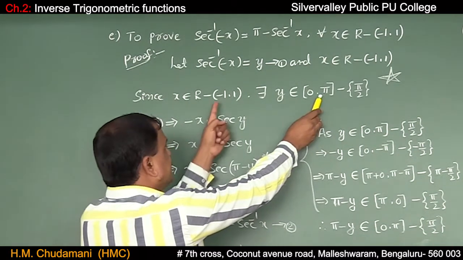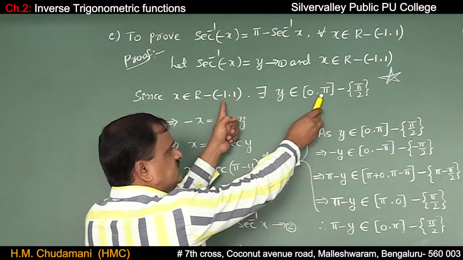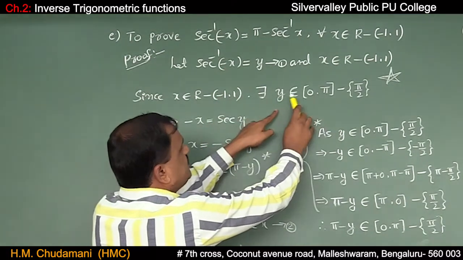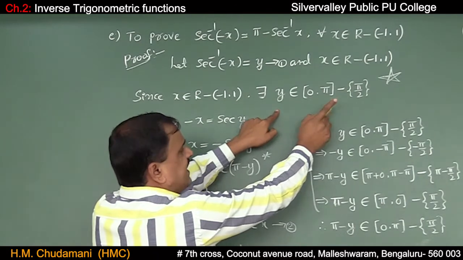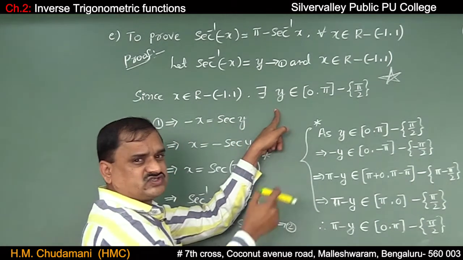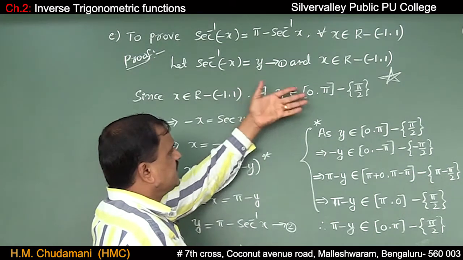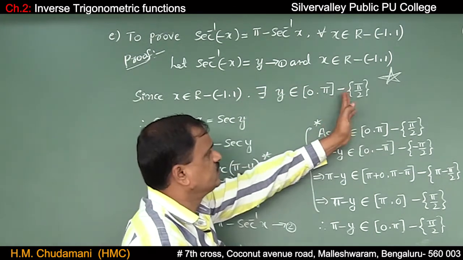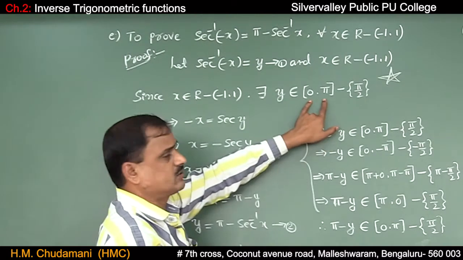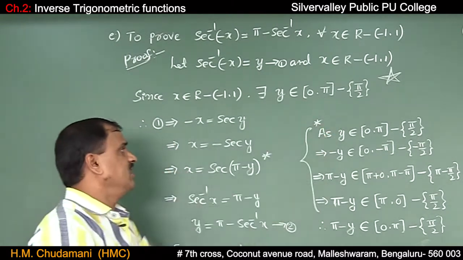Cos pi is minus 1, secant of pi is also minus 1. So y belongs to 0 comma pi except pi by 2. Cos pi by 2 is 0, secant is not defined. That means you need to remove pi by 2 from the closed interval 0 comma pi.